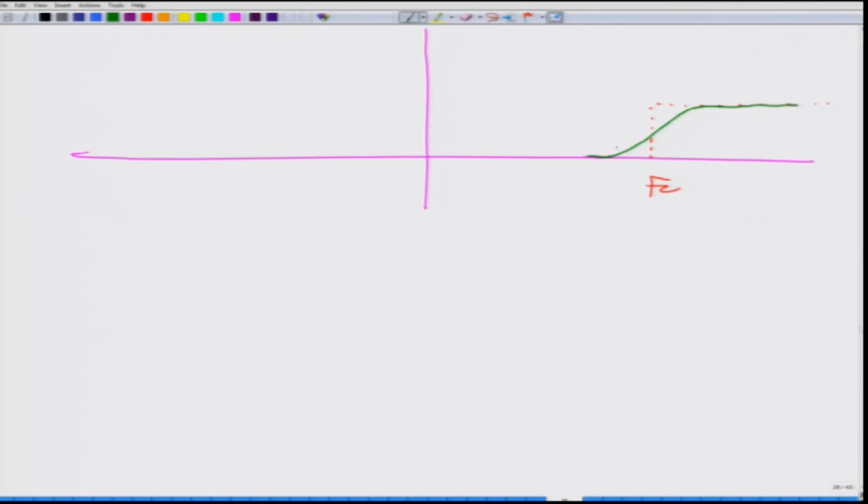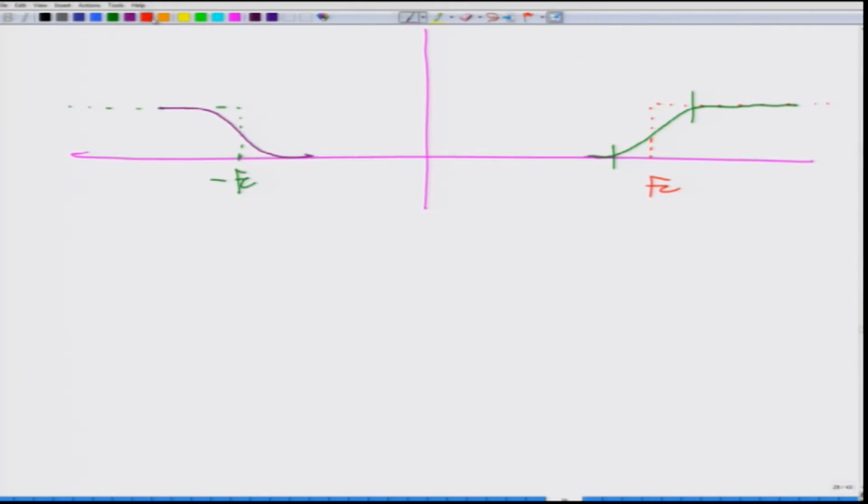This is basically your stop band, this is the pass band, and similarly on the negative frequency side, if I draw minus FC, the ideal one would be something like this, and what we would have is something that looks like this.